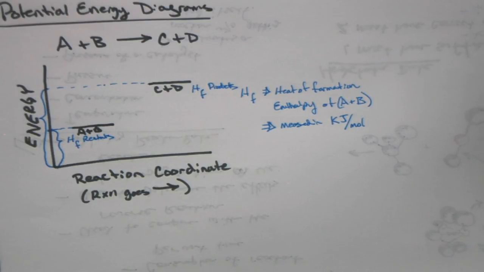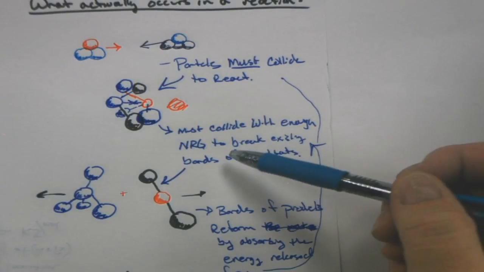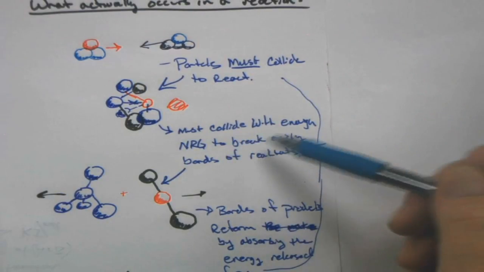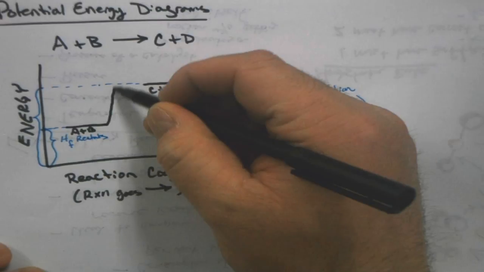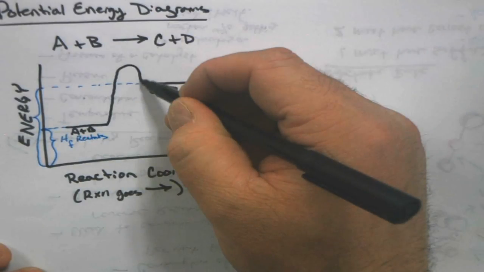Right. So, and when they collide, they have to do so that what happens? Right. So we have to collide in order to break the existing bonds of the reactants. So that energy that they're going to collide with is like a hill that they have to climb.